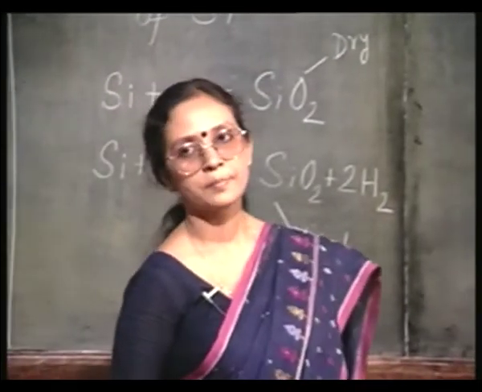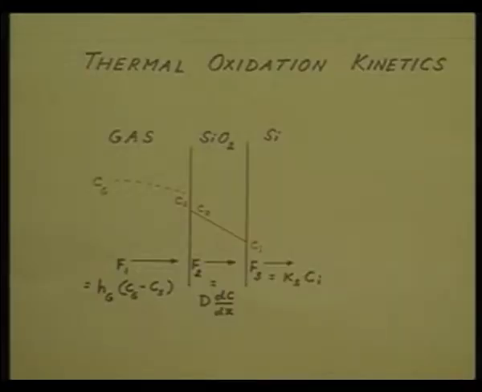First of all, let me draw your attention to this chart. What do I have here? This is a perfectly generalized situation when silicon is getting oxidized. I have silicon, and because I want to make it general, I have taken a non-zero silicon dioxide layer.